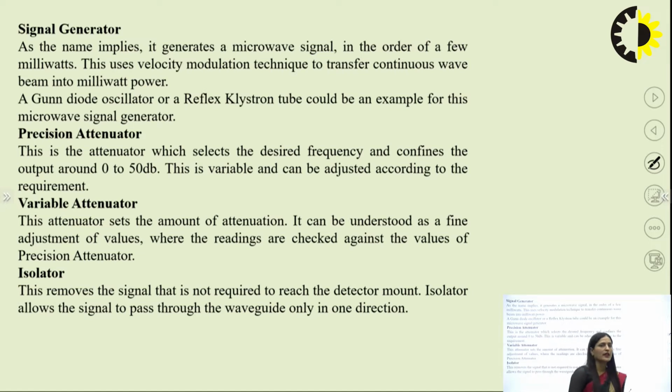If it is interacting with a sinusoidal signal, and the electron is coming out, and the electron interacts with the positive part of the signal, then the speed of the electron is increased. If it is interacting with the zero level of the signal, the speed of the electron will remain the same, and if it interacts with the negative side of the signal, then the electron will be retarded.